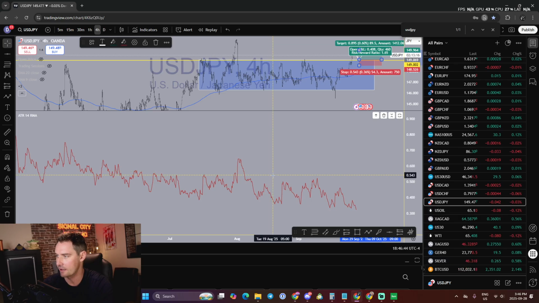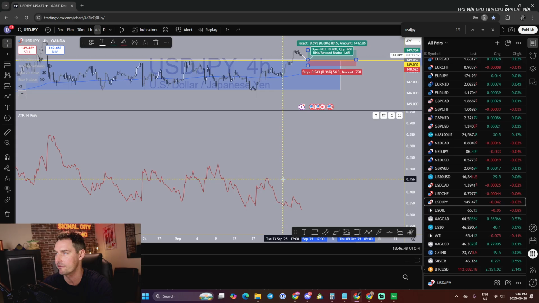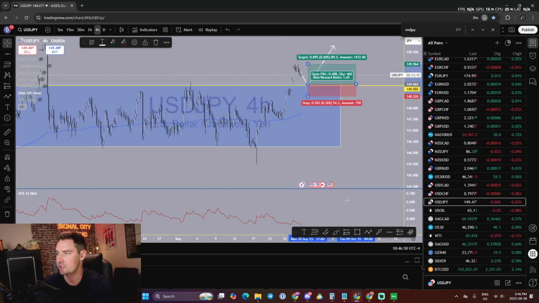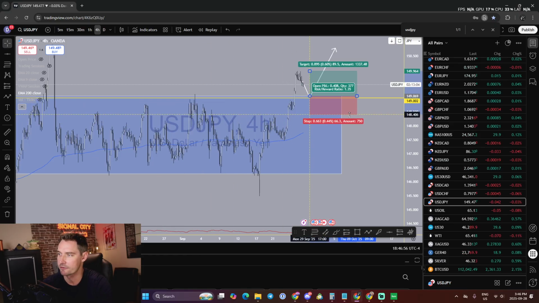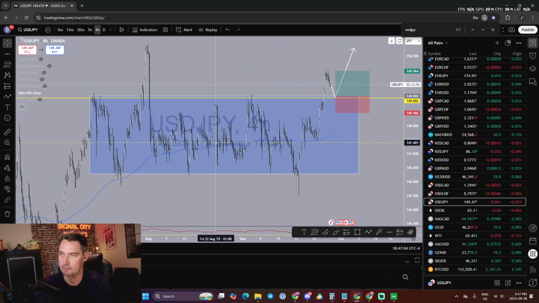But if I'm just looking at an average, I think 50 pips is probably fair. 50 pips stop loss. I think this one would do a bit better with a little bit bigger just because it gives more forgiveness. So let's just go with like a 60 here, just because if it comes back into the range a little bit and bounces out, we don't want to get faked out of the range bounce.